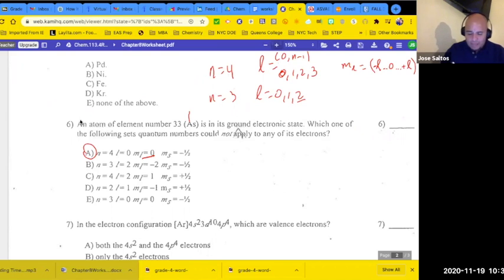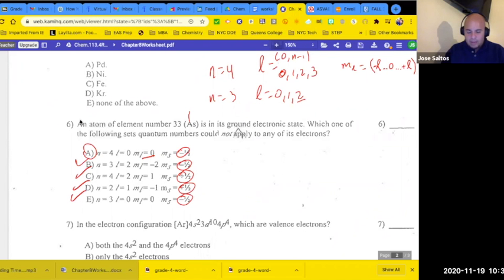So again, this makes sense. And obviously, for all the MS, it's just plus or negative 1 half. So that is okay.